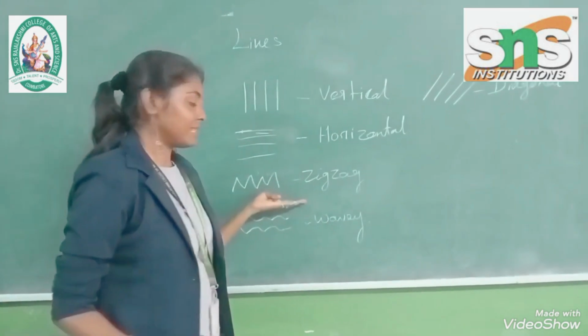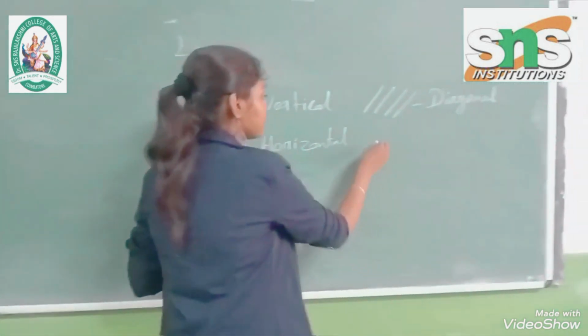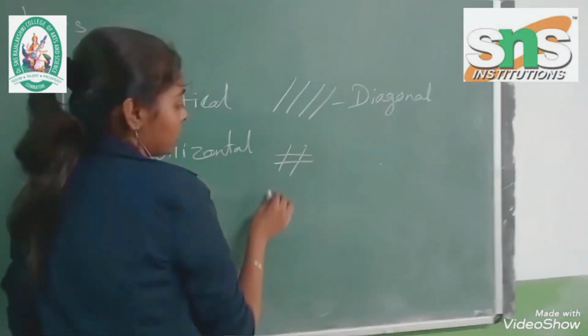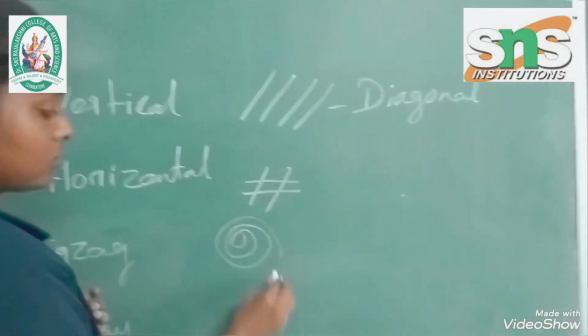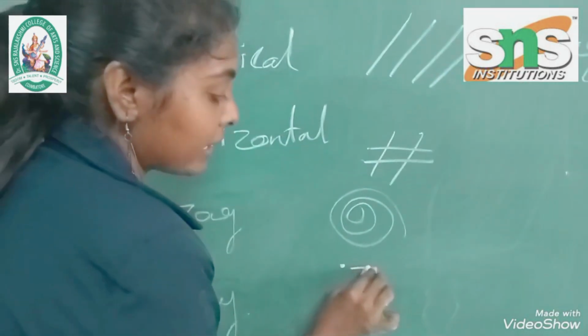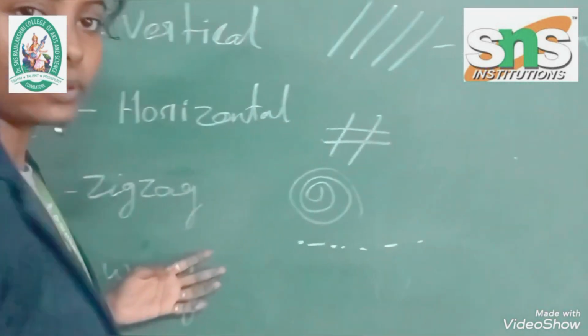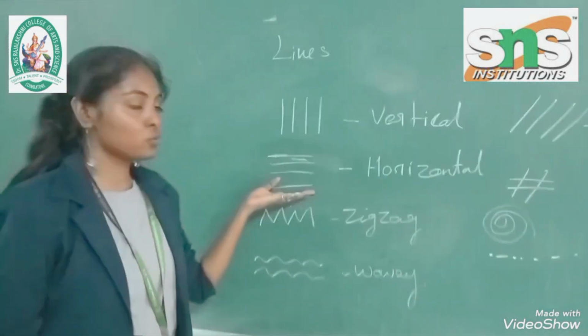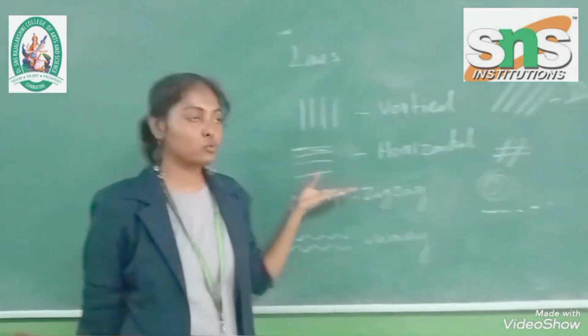Not only these lines, we also have shape patterns like spirals, or dotted lines. These are the lines we use most commonly in a garment.